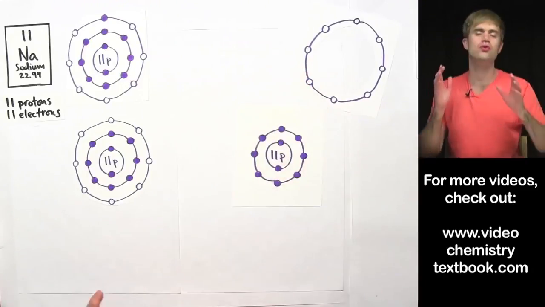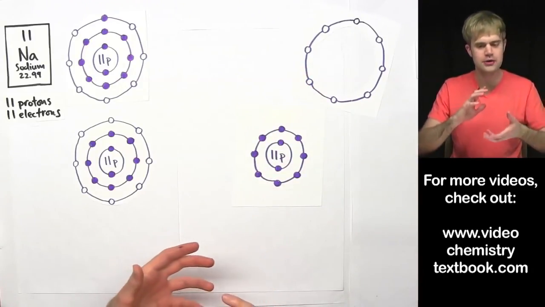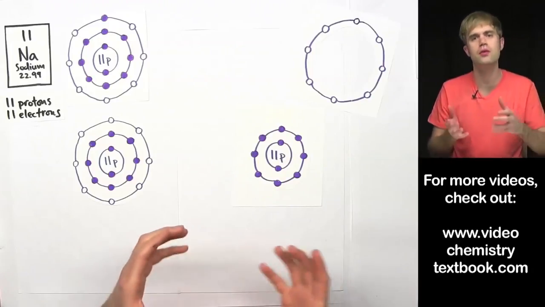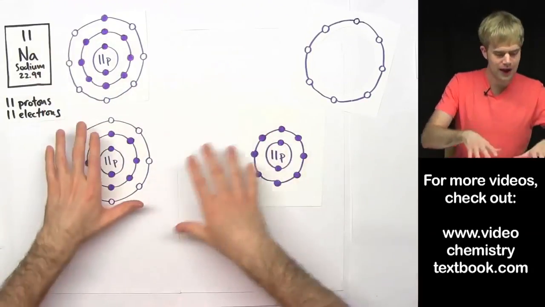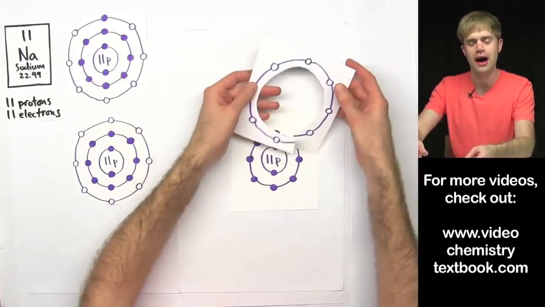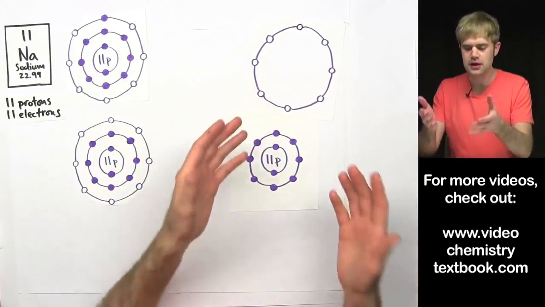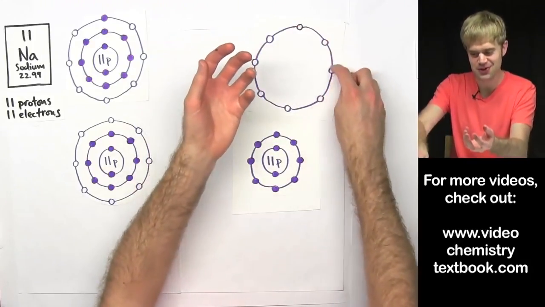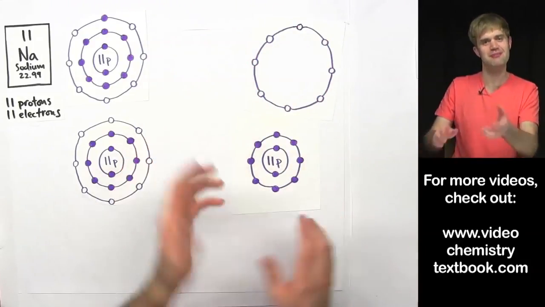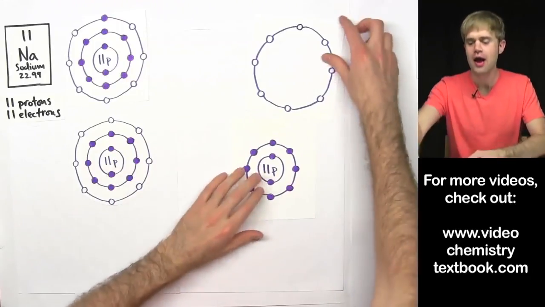Okay? This is a great question, and it requires that we kind of change the way we think about these energy levels. The way I've drawn the energy levels here, I think it would be really easy to think of them like plastic rings that have little cups that hold the electrons. But that's not actually what they are.